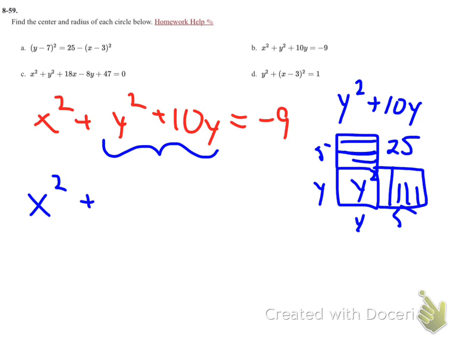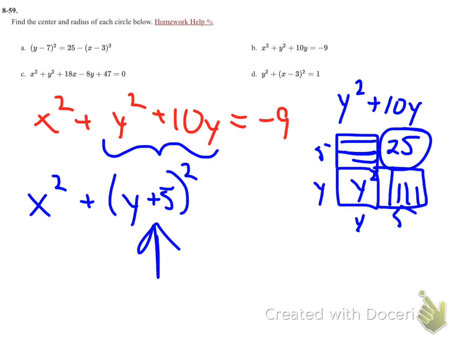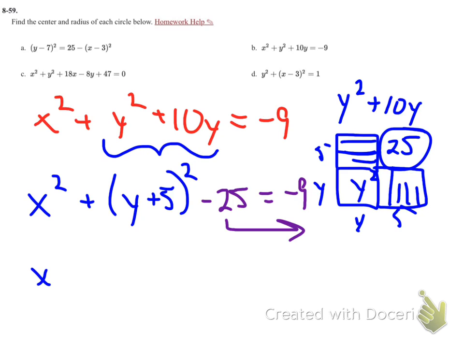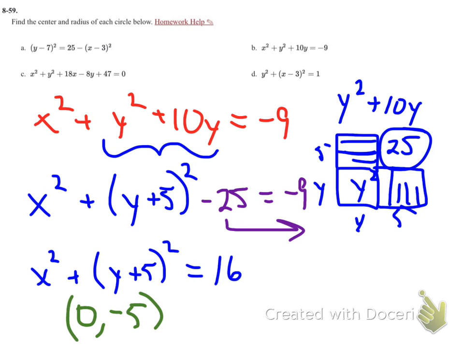So when I write this as (y plus 5) squared, there is a 25 inside of that square, which means I need to subtract 25, and equals negative 9. Moving this to the other side, I'm adding 25, so I now have x squared plus (y plus 5) squared equals 16. The center of this circle will now be (0, negative 5), and my radius is 4.